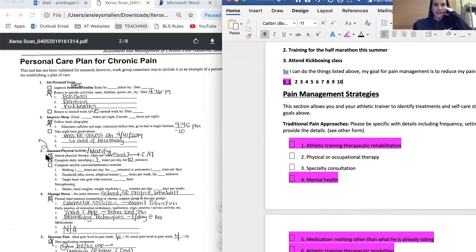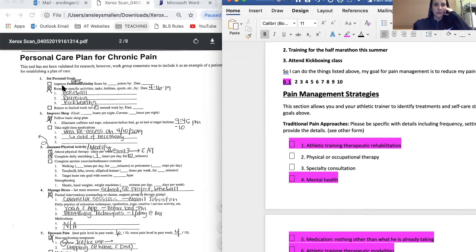So I found this chronic pain care plan that I really liked, and he also has a copy of this, just to be super specific, and he could see everything laid out for him. So these were the things that he wants to get back to. This is our reassessment date, but we'll probably change that date later on.